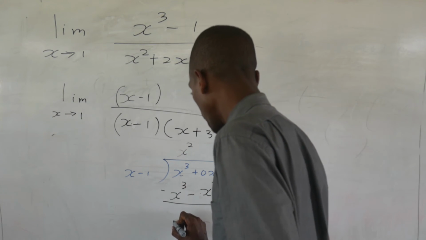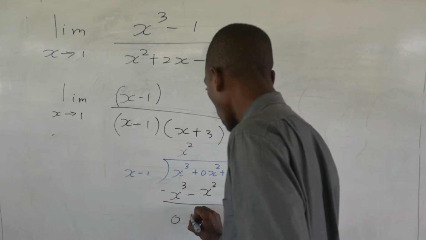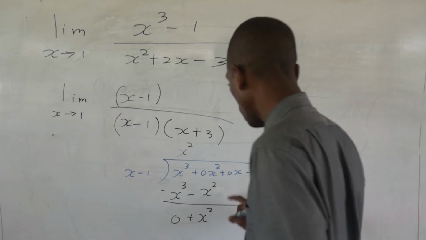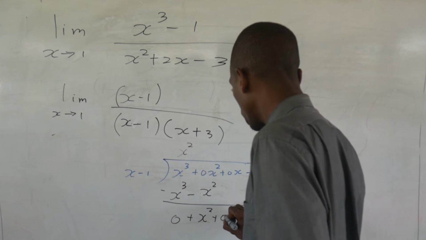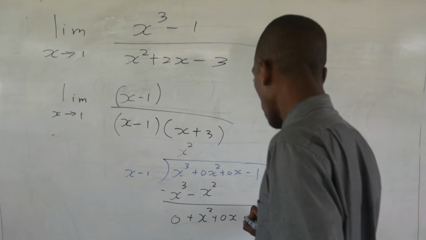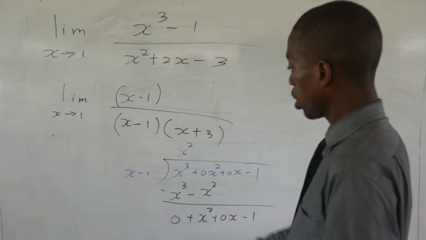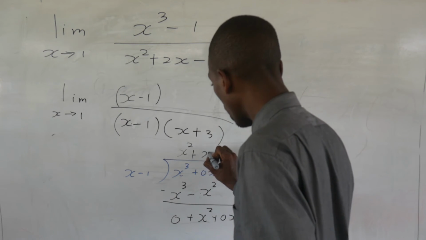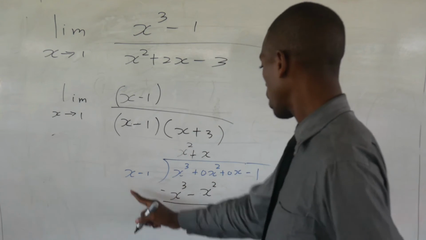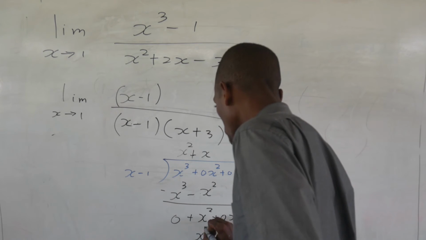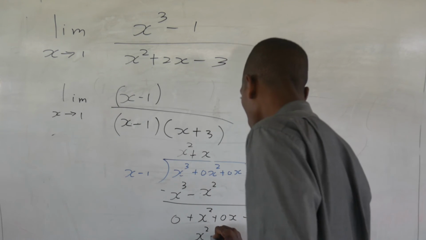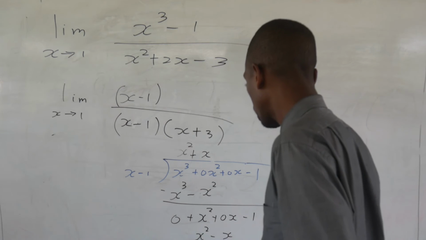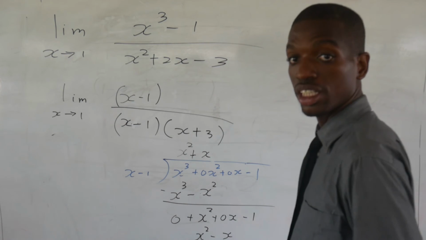Subtract this, we get 0 plus x squared plus 0x minus 1. This into that, plus x times that, x squared minus x. Subtract again.